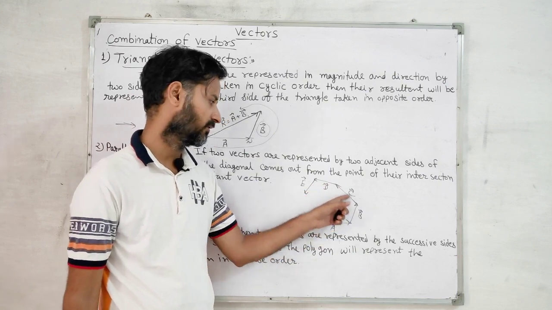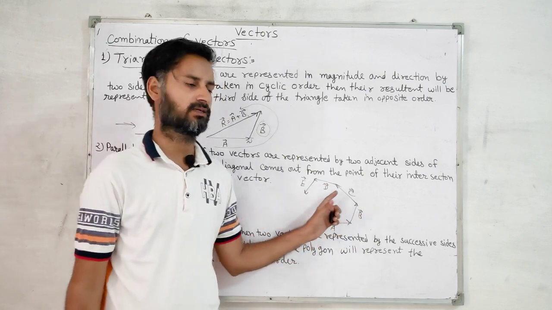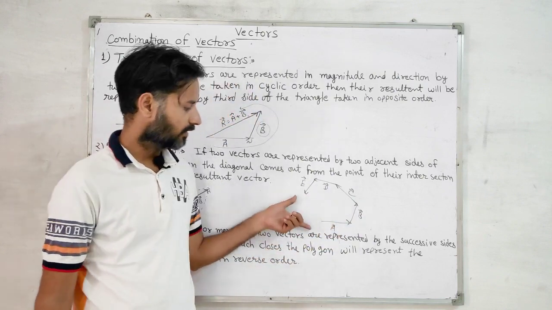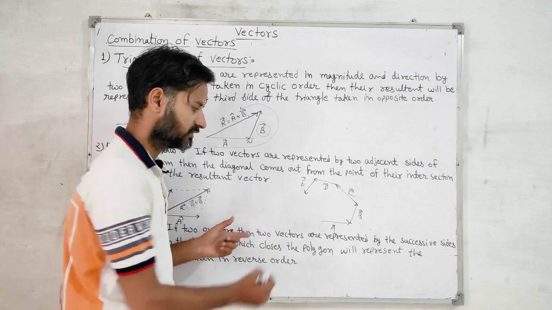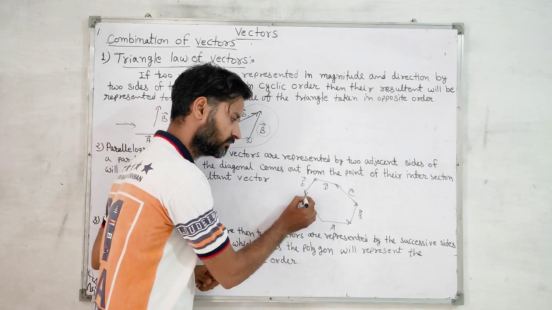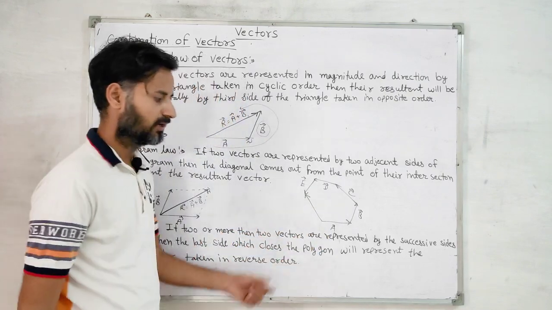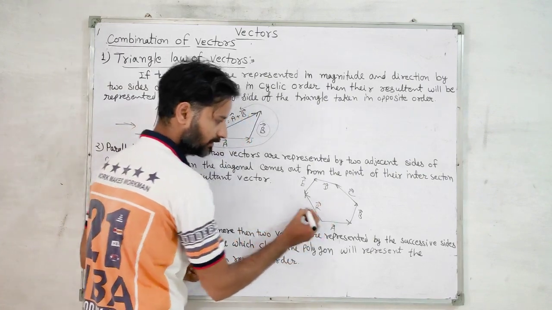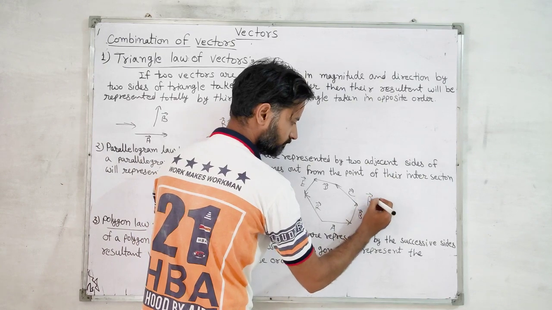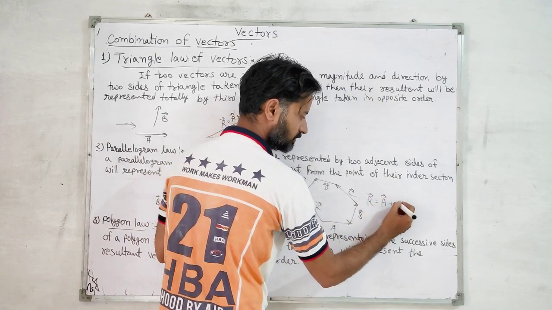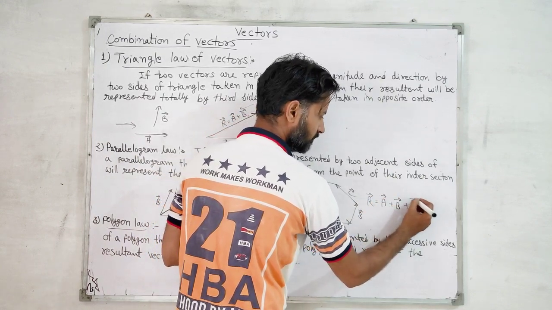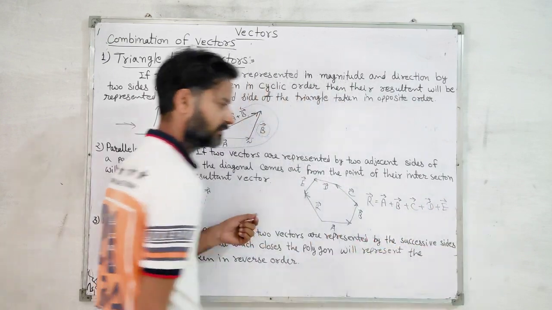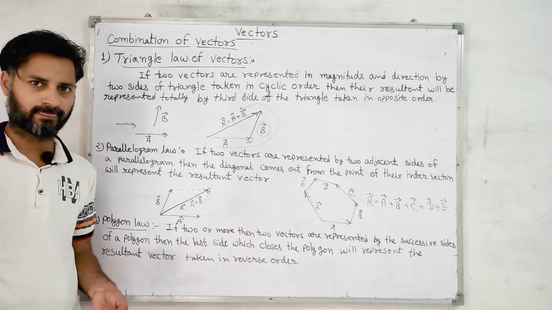These five vectors are taken in successive order and represent the sides of a polygon, and the last side, which is taken in opposite order, will represent the resultant vector R vector, and this R can be written as A vector plus B vector plus C vector plus D vector plus E vector, and this is our polygon law.